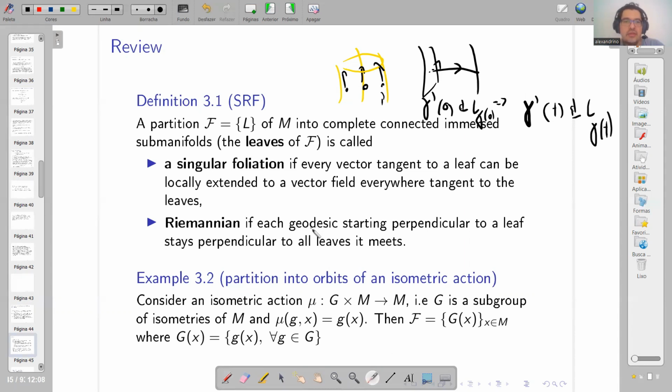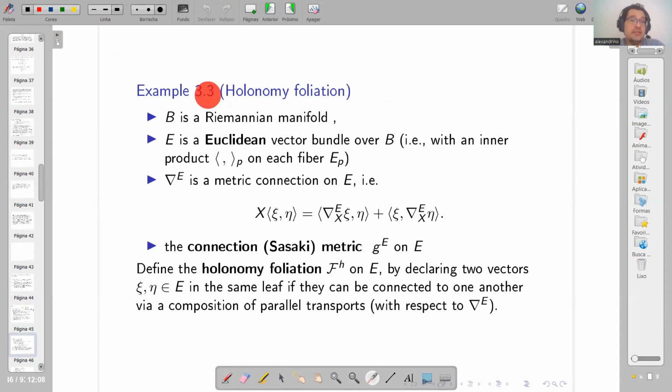So this is what we call Riemannian, and it says essentially that the leaves are locally equidistant. A very nice example to have in mind is the partition of M into orbits of an isometric action. We saw yesterday another kind of example.